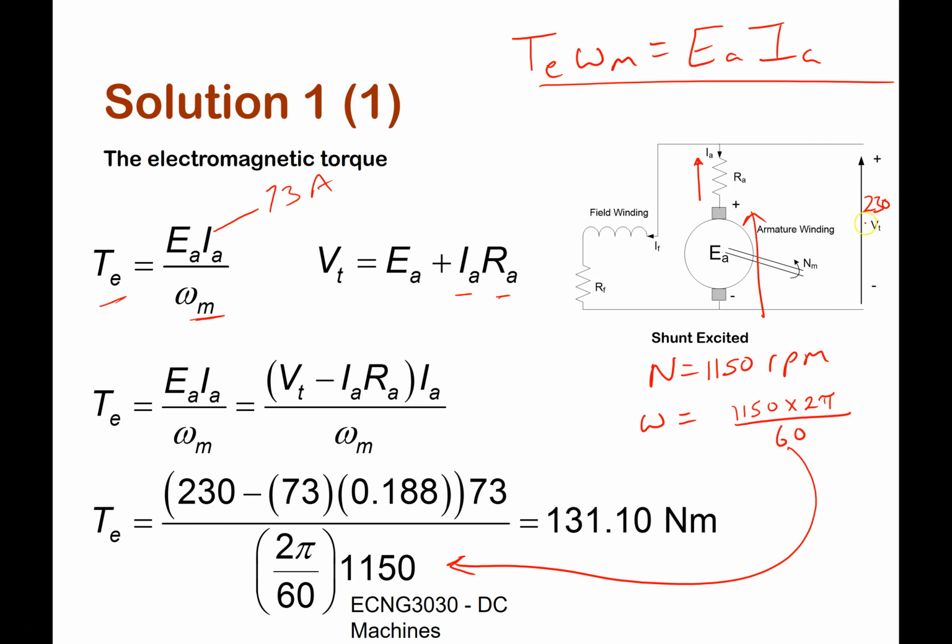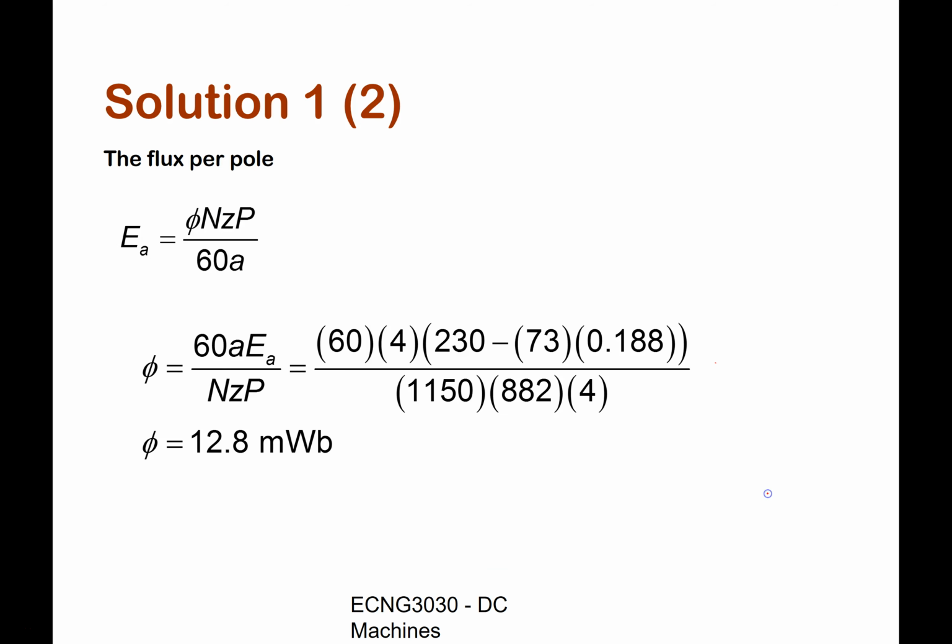I know VT is equal to EA plus IARA, so EA would be VT minus IARA. I know IA, I know RA. I could just plug these values into my equation and end up with 131.1 Newton meters as the torque. This is again the electromagnetic torque.